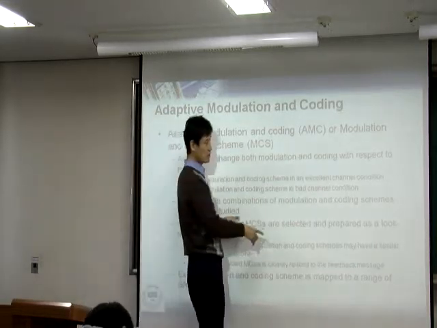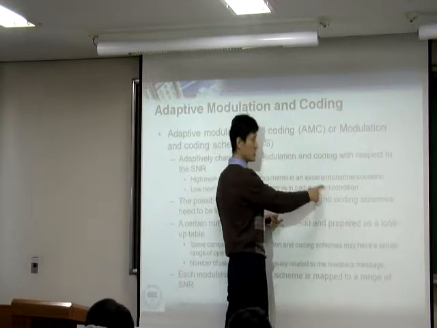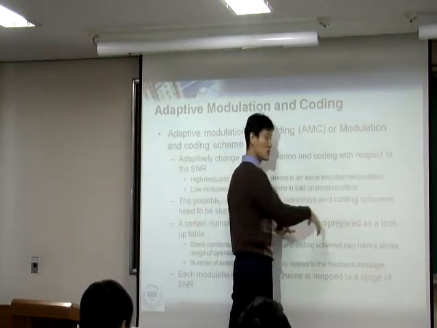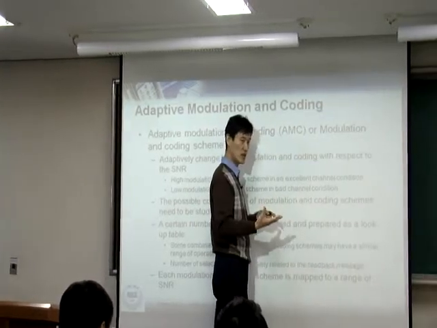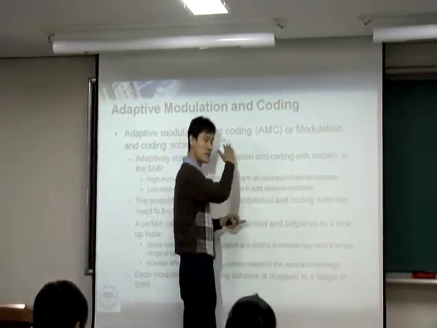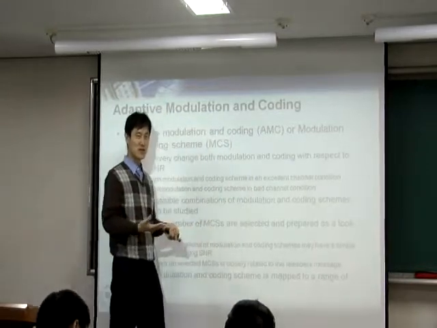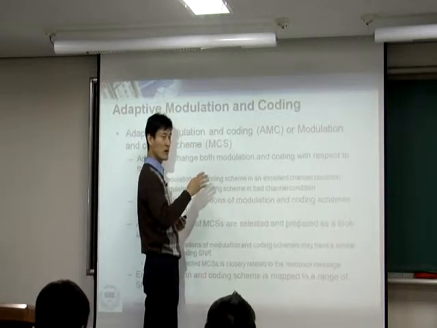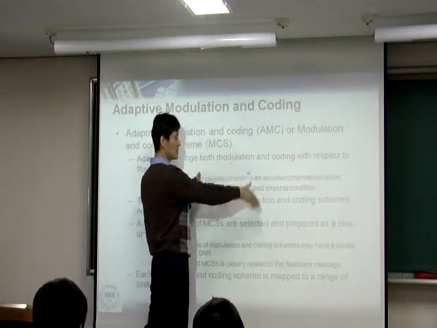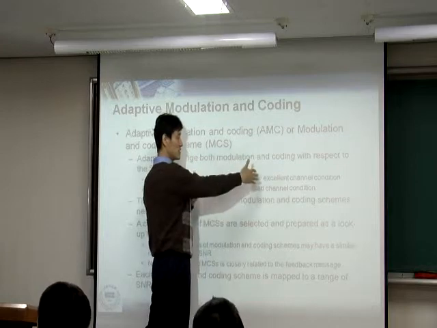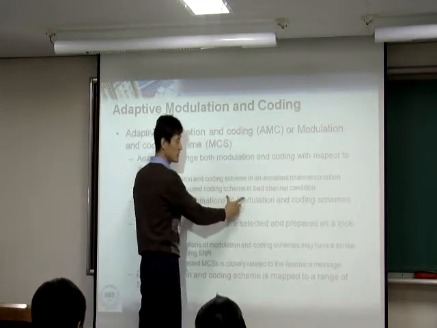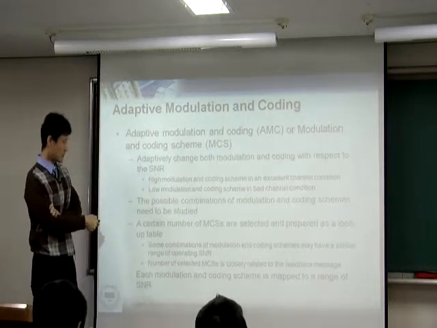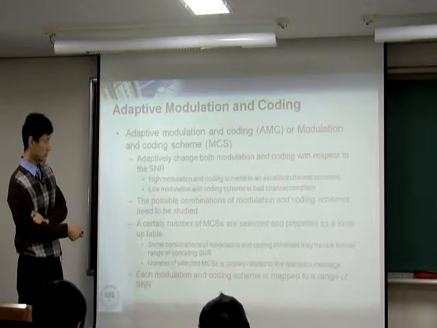For example, use one modulation and one coding, which gives you this BER, and you change both the modulation and the coding, and you measure the BER, and it looks almost the same. Then there's no meaning, right? So when you choose a combination of modulation and coding, you have to choose well so that the performance is at least somewhat different. That way we can have enough SNR range for each of those combinations. That's what we have to think about.